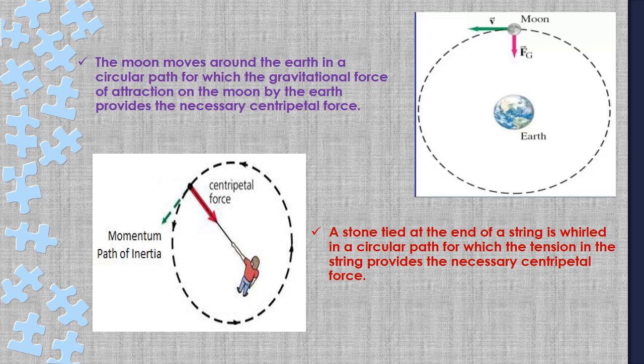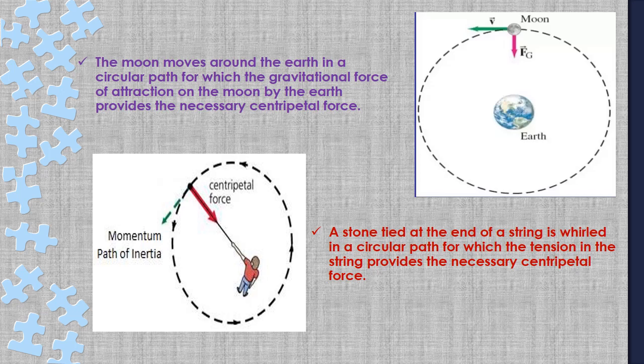Example 4. A stone tied at the end of a string is whirled in a circular path for which the tension in the string provides the necessary centripetal force. As in the diagram you are able to see, a person is holding a string which is tied to a stone, and if he moves it in a circular motion, that is due to the tension in the string produced towards the center.